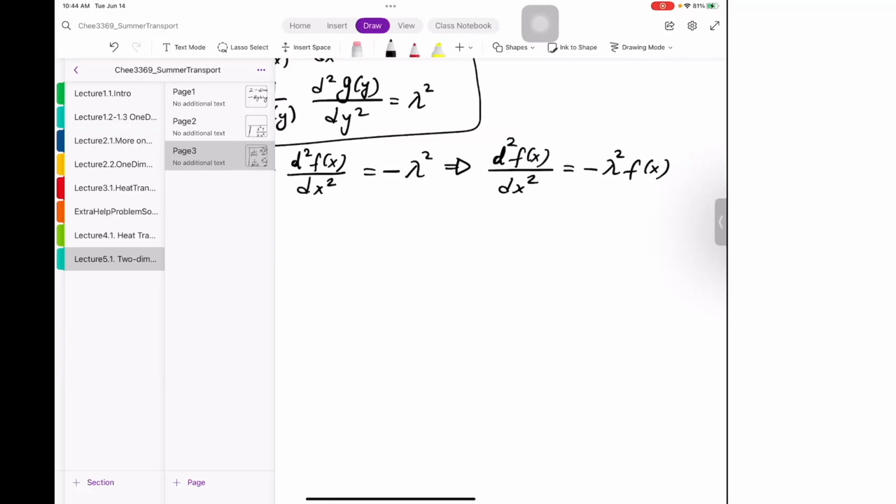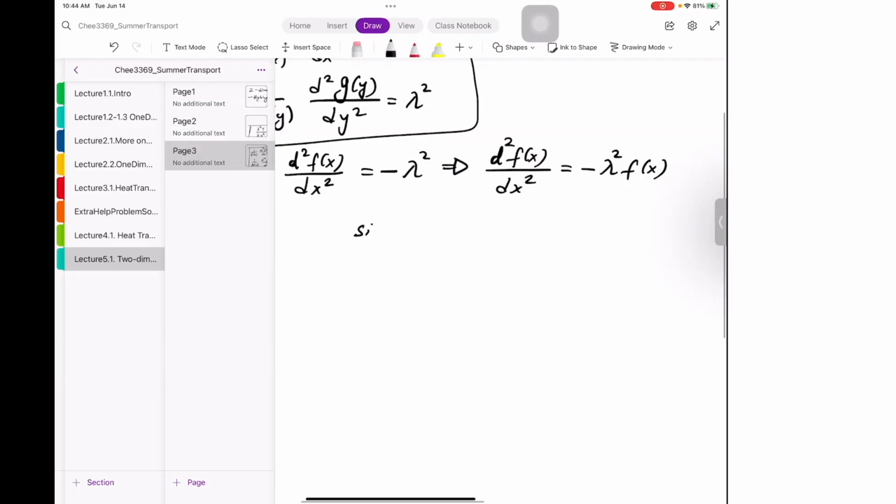But if you're getting a negative value times the function itself, it's sinusoidal or cosinusoidal. If you are taking the function times a positive number, it's an exponential. You can actually check this really quick. For example, sine of x.